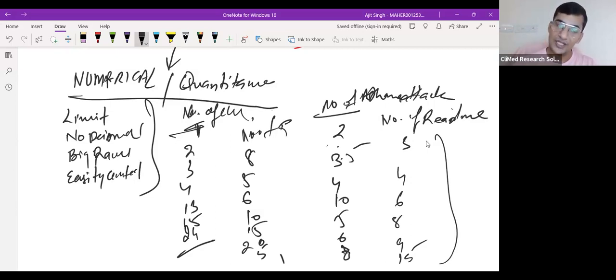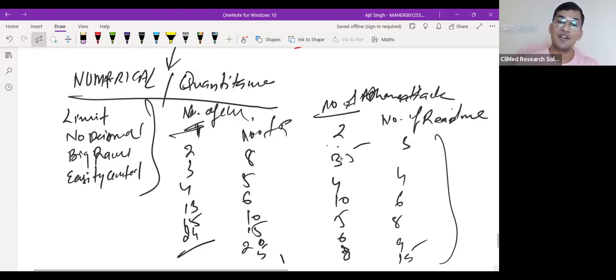Not at all. So these have a specific minimum and maximum range, no decimal, and are easily calculable. That kind of data is known as discrete data.